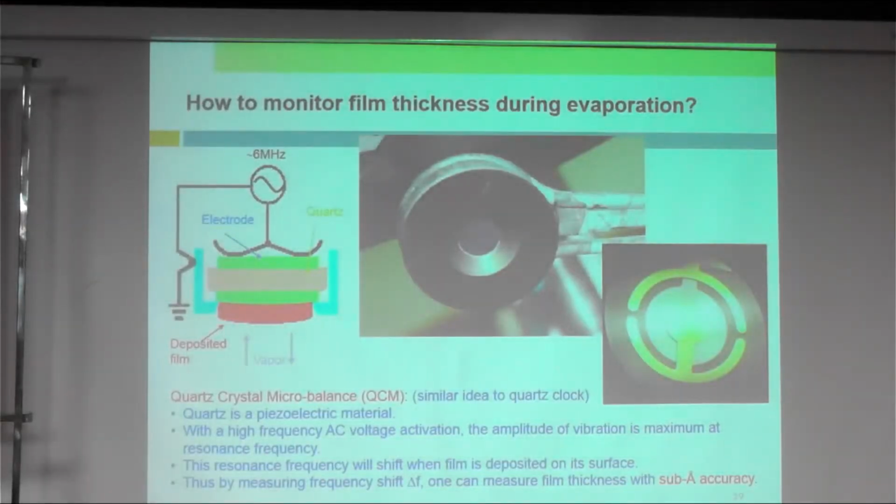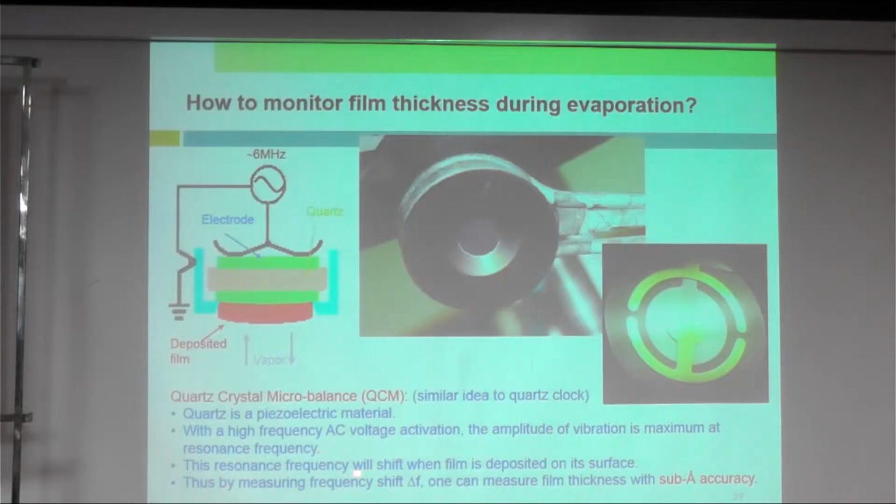So this is what we call the quartz crystal microbalance, or QCM, in order for you to monitor the thickness of the deposited film. How does it work? Quartz is a piezoelectric material, basically. With a high frequency AC voltage activation, the amplitude of vibration is maximum at the resonant frequency.